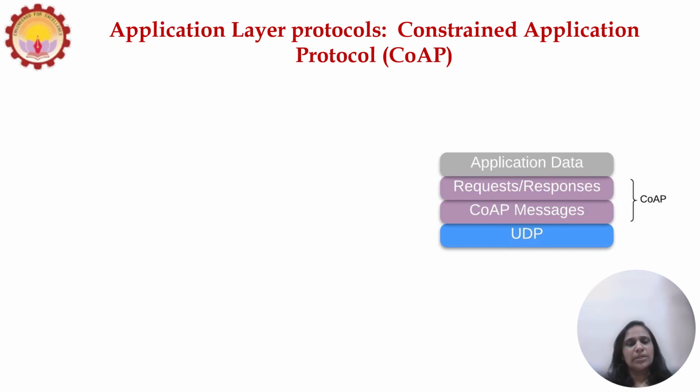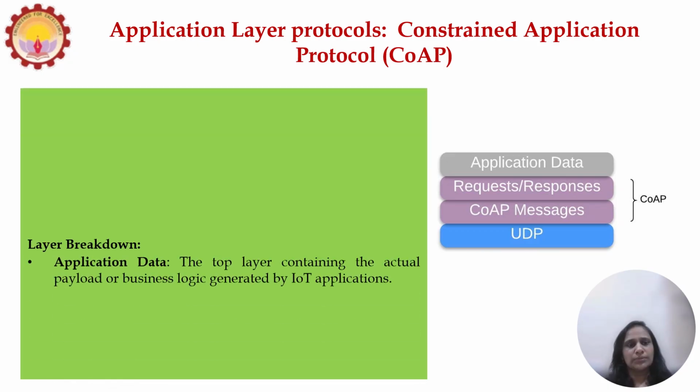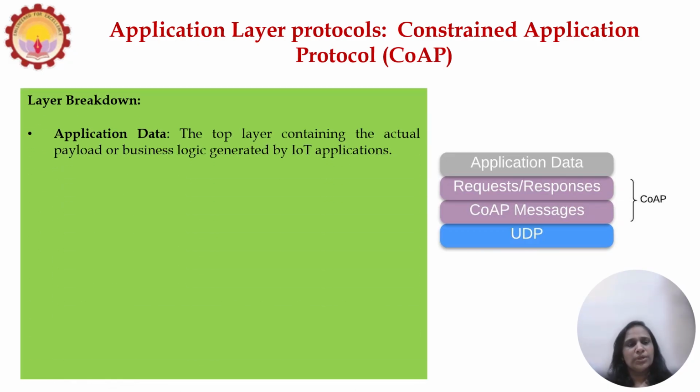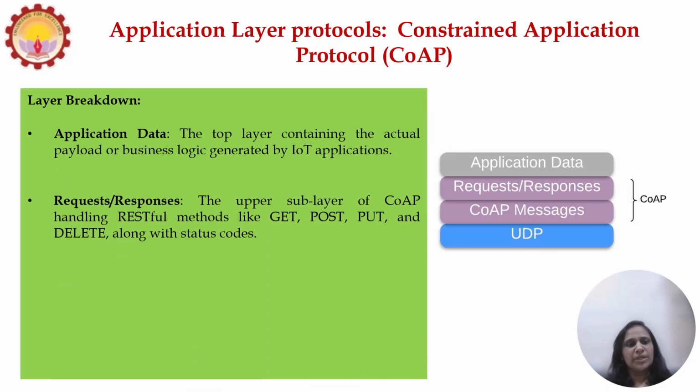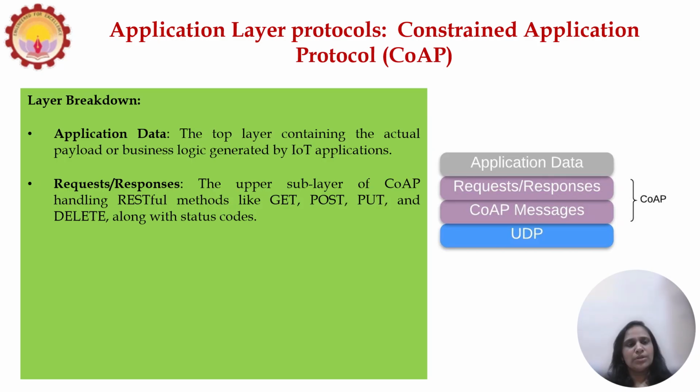Then the next protocol is Constrained Application Protocol, that is CoAP. The layer breakdown is, first of all, the application data, the top layer containing the actual payload or business logic generated by the IoT application.